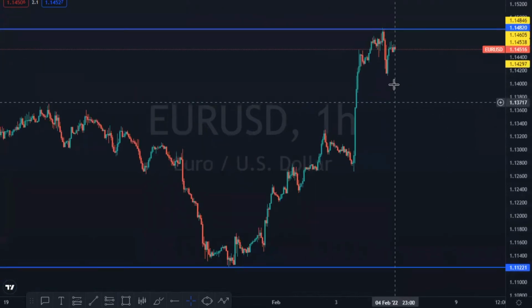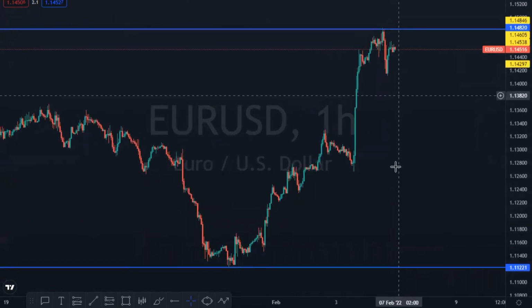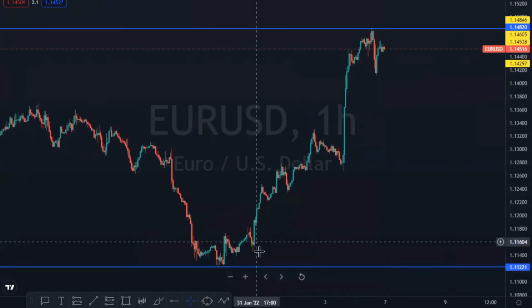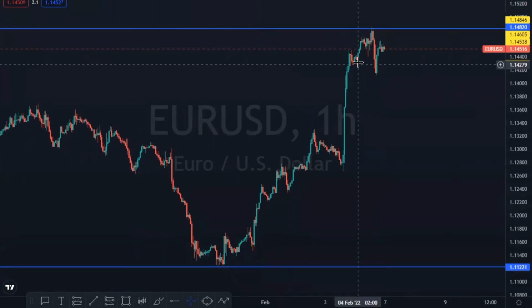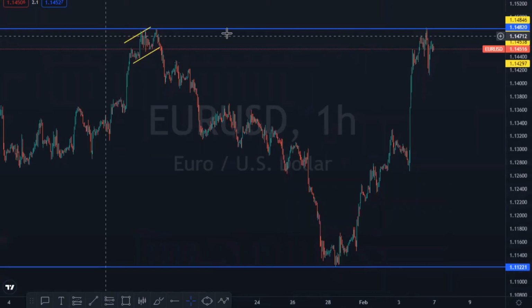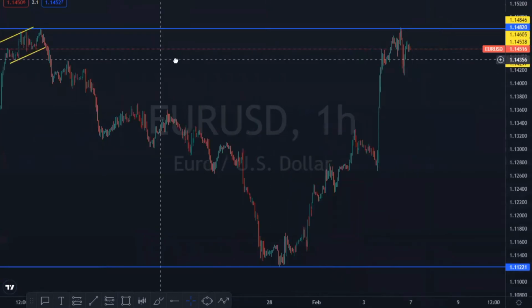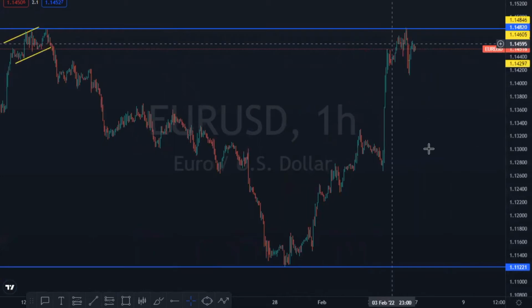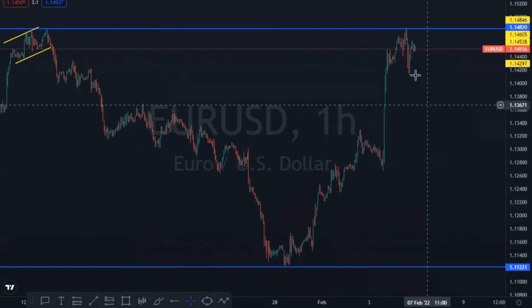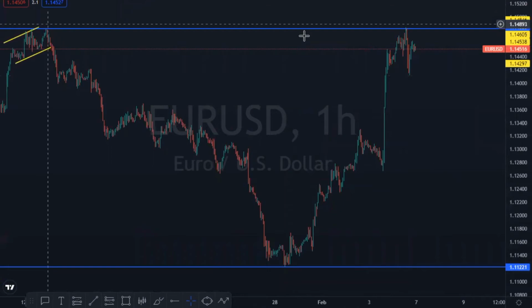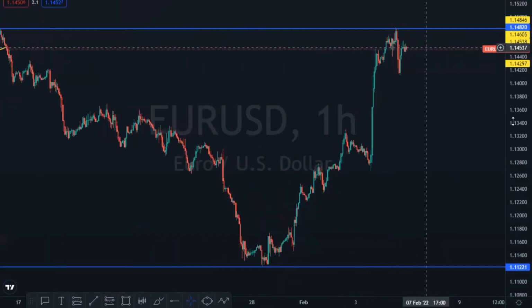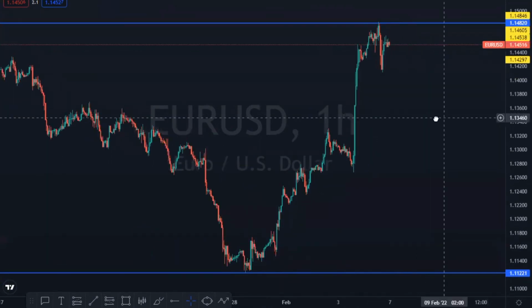After coming down to the 1 hour time frame, you can see that Euro USD has been bullish, but we have reached a resistance level, which means there is a possibility of seeing selling opportunities. Also, we are seeing a double top, and a double top normally confirms selling opportunities.